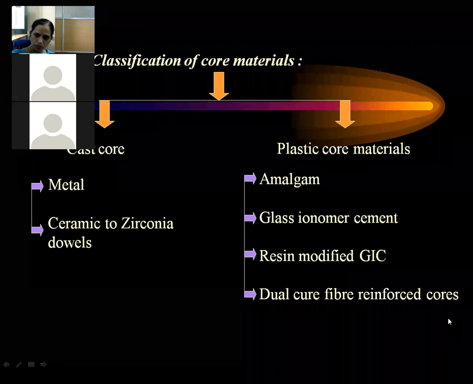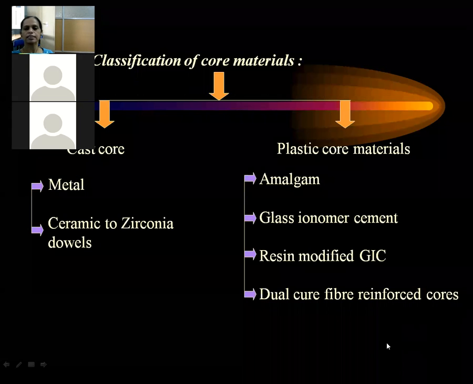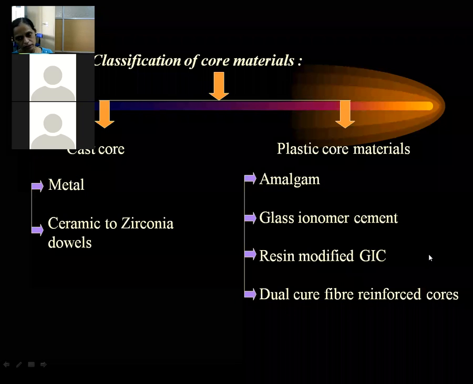Next is composite. It has less marginal leakage, it has the ability to seal with the tooth structure, it is aesthetic also, and it has sufficient compressive and flexural strength. Resin modified GIC is similar to composite core. It bonds to the tooth structure and it has an anticariogenic property.